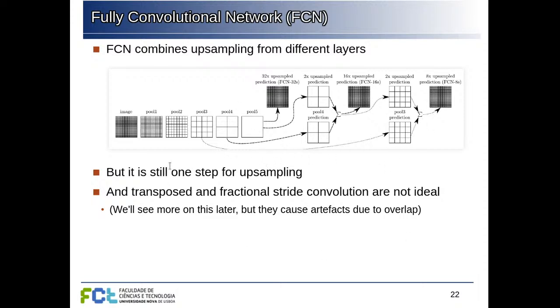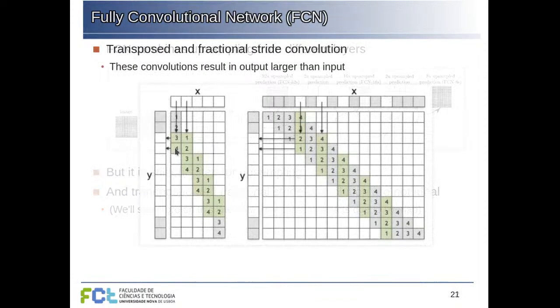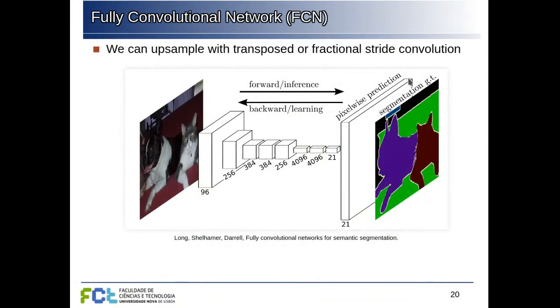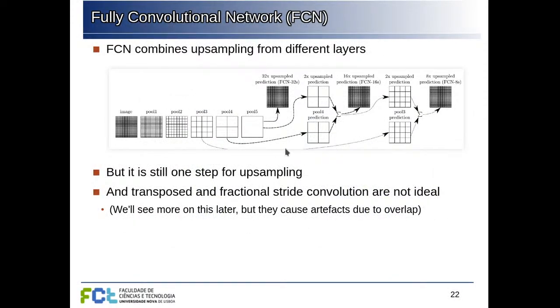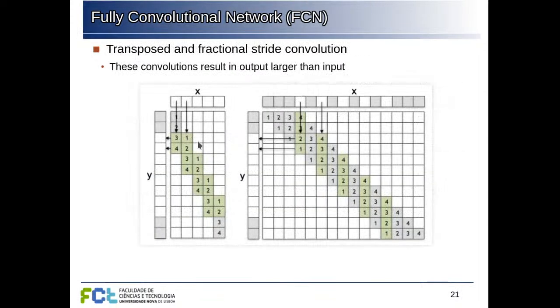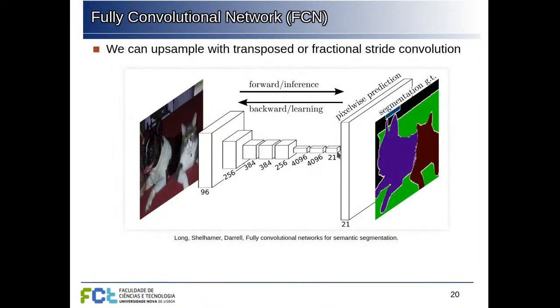So this is a scheme from the paper where you can build these 21 feature maps at the original pixel resolution by doing upsampling from this layer here, from a previous layer there, at different resolutions. So they were combining these feature maps at different resolutions to produce the final output. But it was still just in one step. So we shrink everything and then in one step go up to the original resolution.